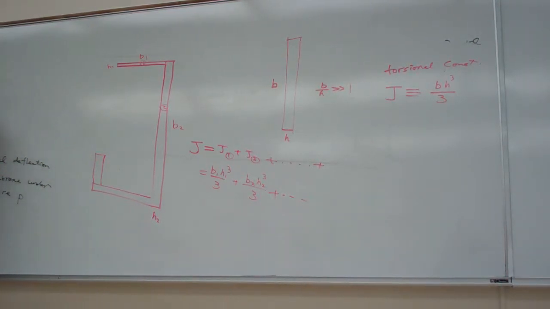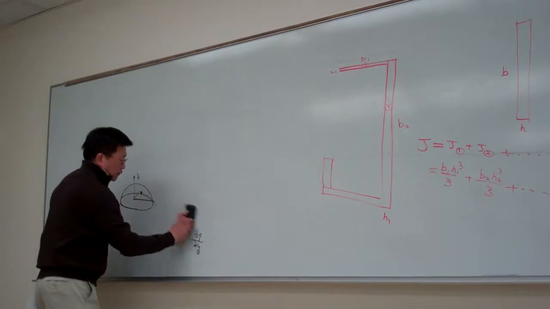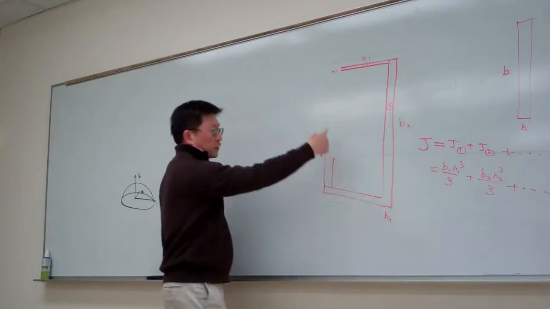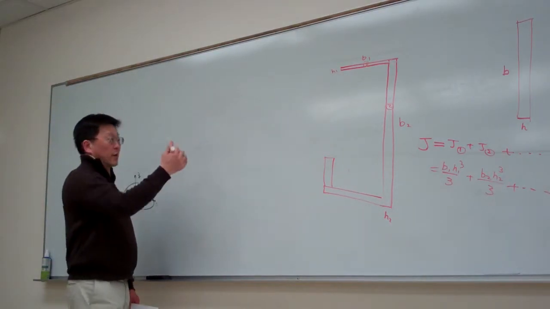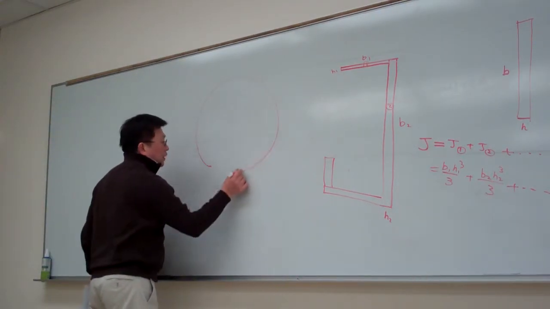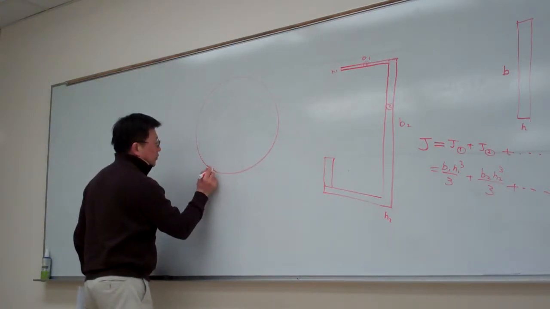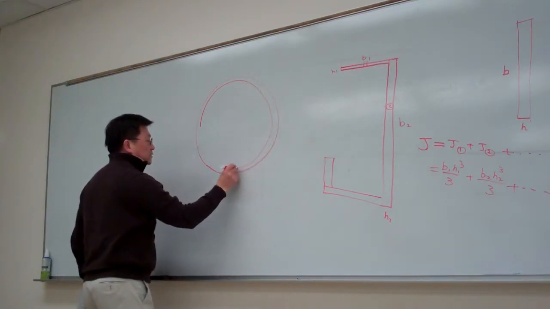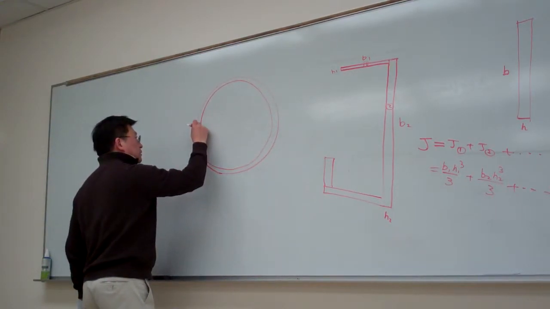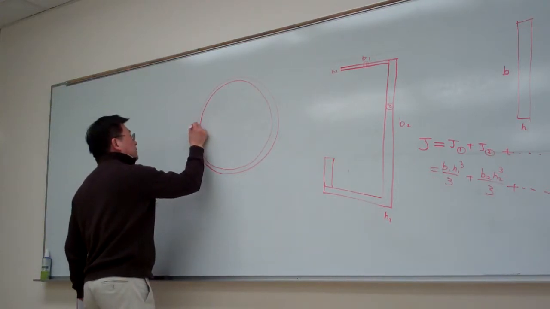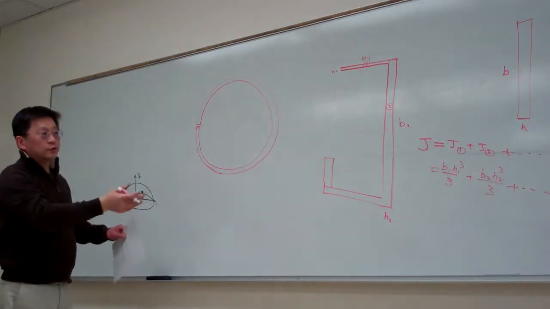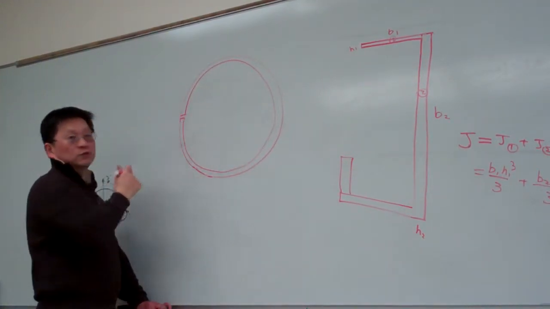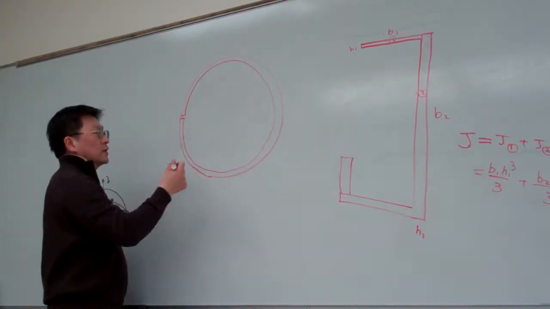The last one I want to share with you is this. In topology, we can have a shape like this. This has uniform thickness, and here we simply take a rectangular cross section and curve it into this one. The same thing, how to calculate this?